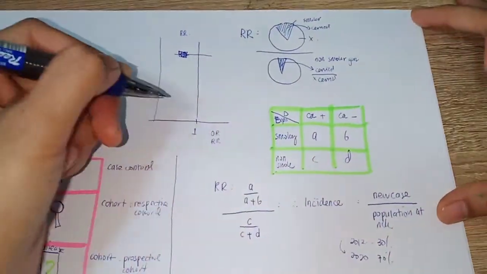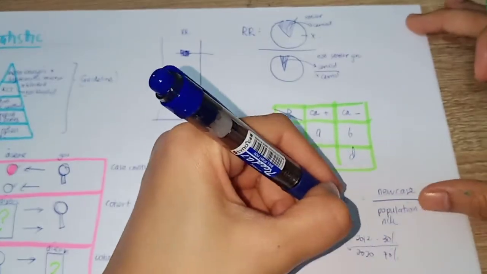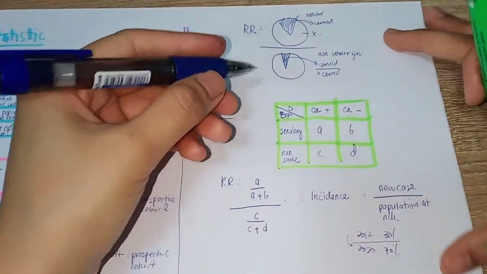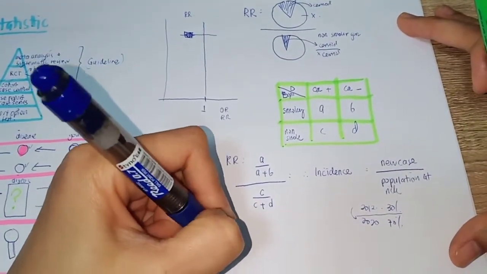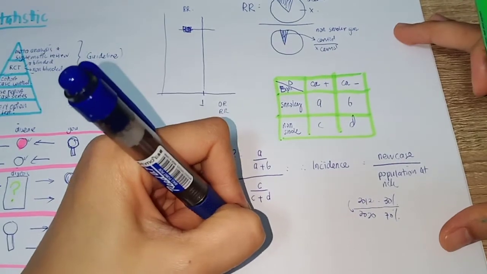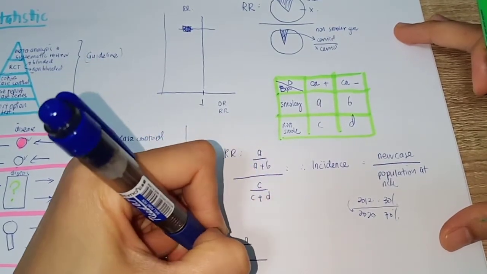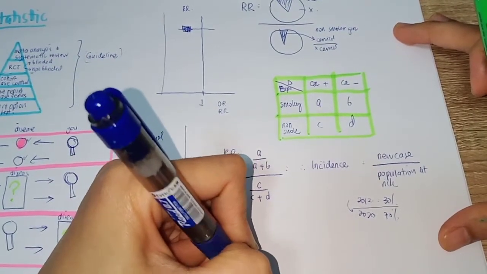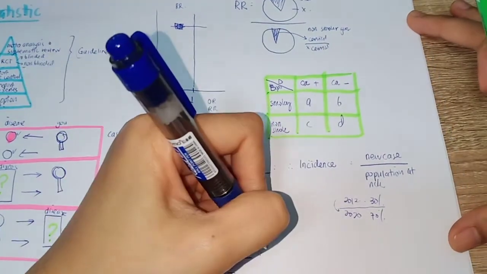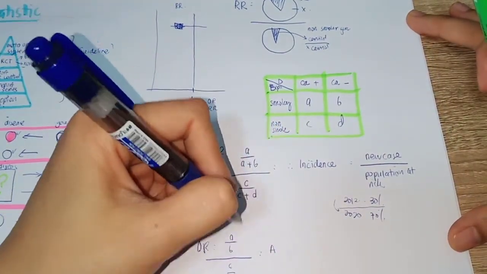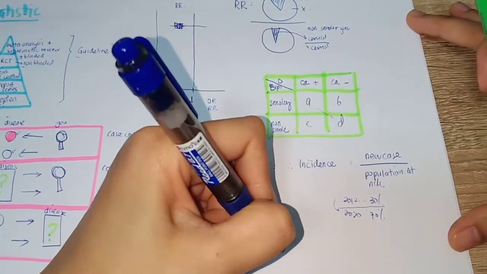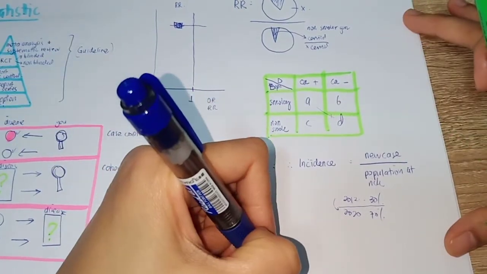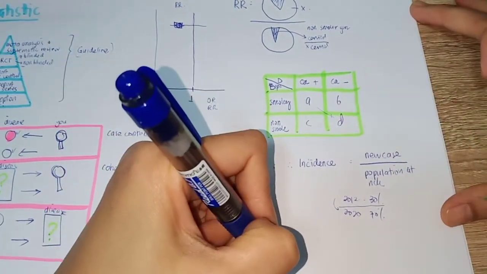So incidence, basically, is the number of new cases. But the odds ratio, if you calculate, it's A divided by B, divided by C divided by D. So it's not difficult, A, B, C, D. In other words, A times D divided by B times C.